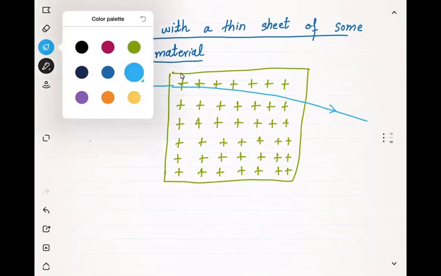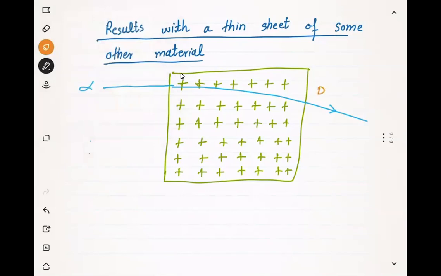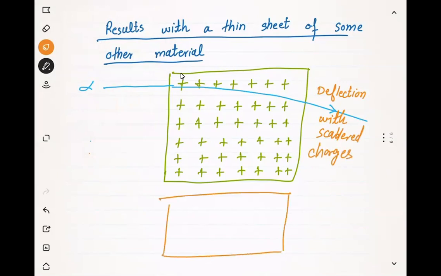So even the scattered charges give deflection, and if just for example your charge was concentrated and you pass alpha particle through here, you'll get the same result. If we use a material that is quite thick, it will give confusing result because we need a thin sheet.